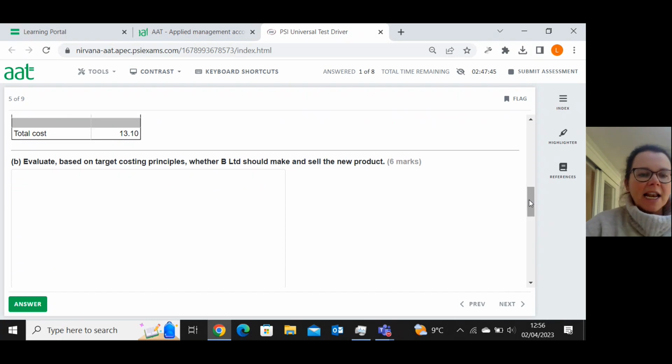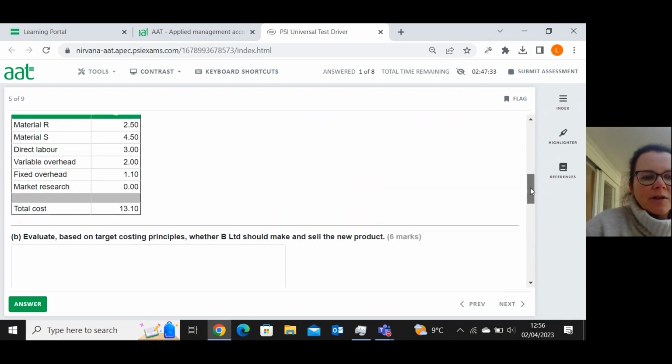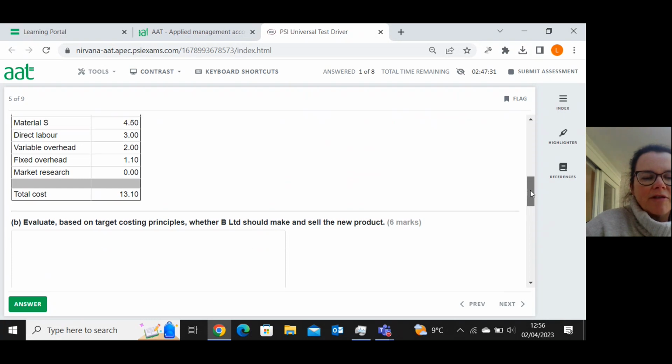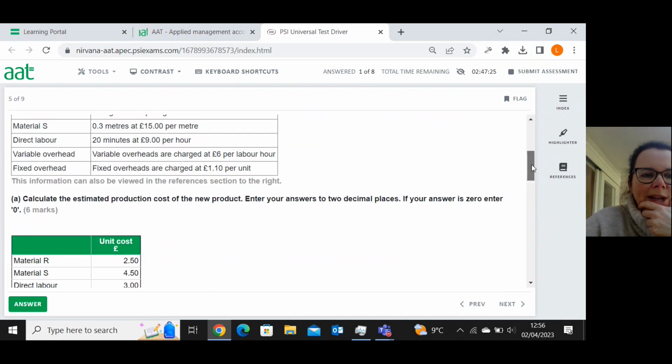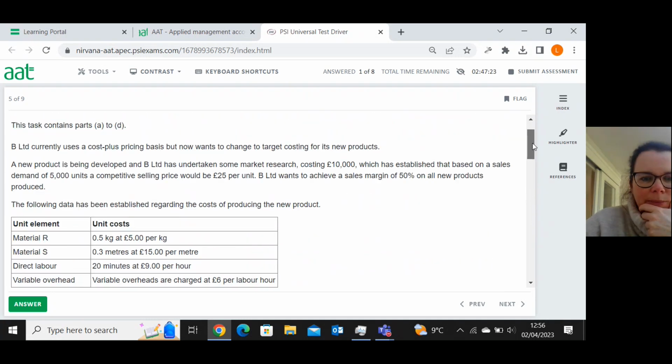Part B, evaluate, so what's good, what's bad, based on target costing principles, whether B should make and sell the new product. Right, so based on target costing principles, we need to do a little calculation. We think we can sell it for £25, was it? Yep.